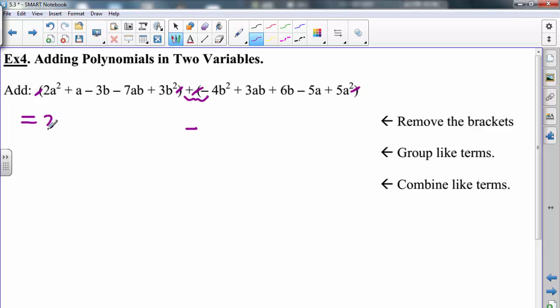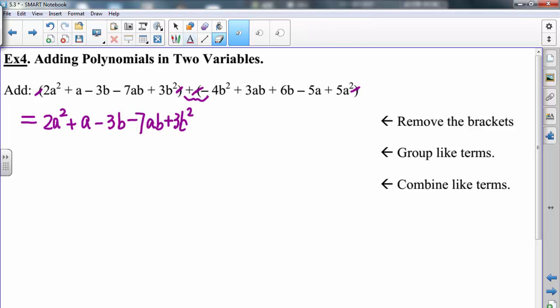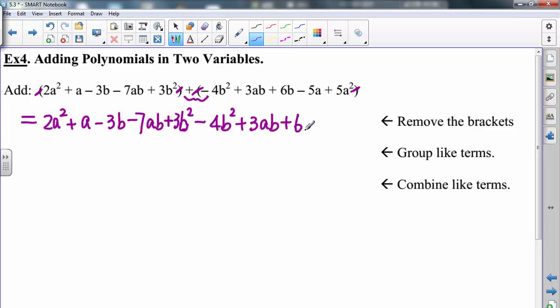So we will have 2a squared plus a minus 3b minus 7ab plus 3b squared. Then minus 4b squared plus 3ab plus 6b minus 5a plus 5a squared.